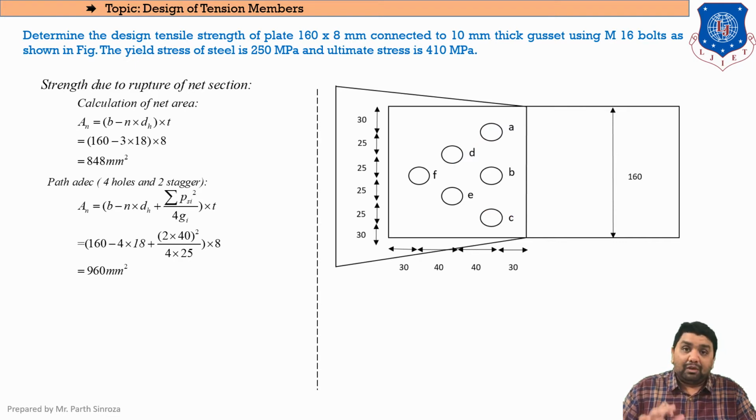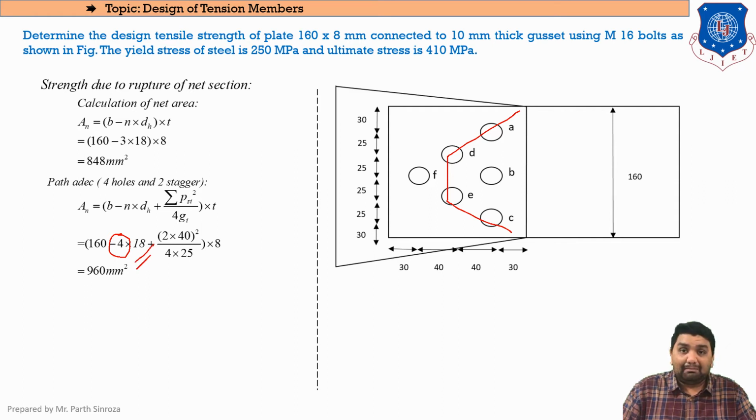So how to find that? First of all, the width will be the same, that is of the plate. So the width will be 160, thickness will always be 8 mm. So the change will be occurring in the middle portion. Now here the number of holes: as we take this path, a total of 4 holes are being taken in our part. So N will be equal to 4, and DH will be our hole diameter.